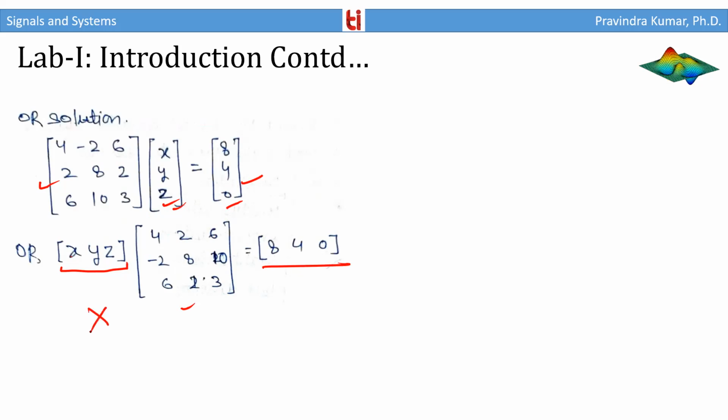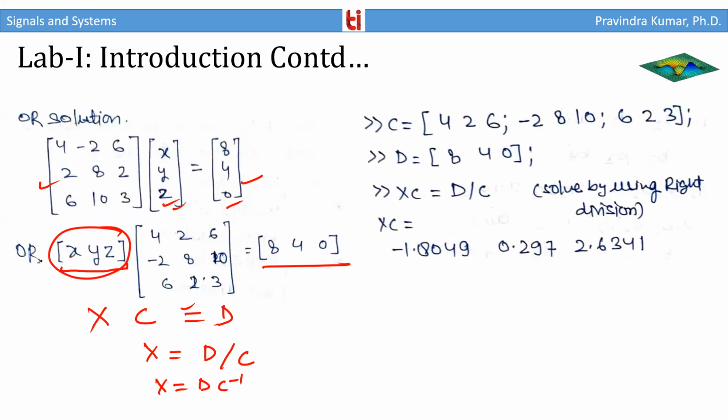If I write this as C and this as X, and this as D, then X will be D by C, right division. You can also use this thing, or you can use X is equal to D C inverse. The same thing.